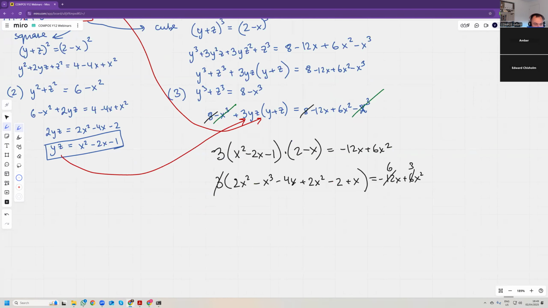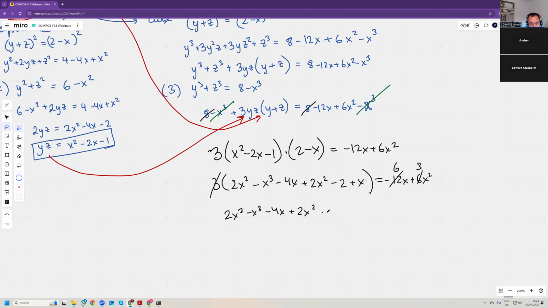And then we have 2x squared minus x cubed minus 4x plus 2x squared minus 2 plus x equals minus 6x plus 3x squared. X cubed minus x squared minus 6 plus 3, so minus 3x, then plus 2 equals 0.